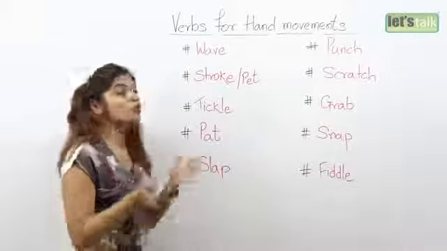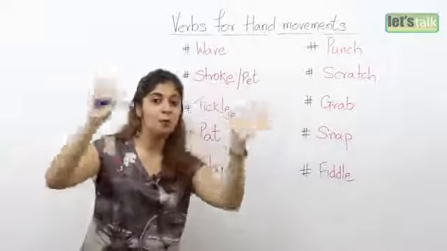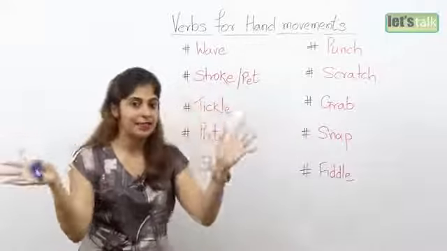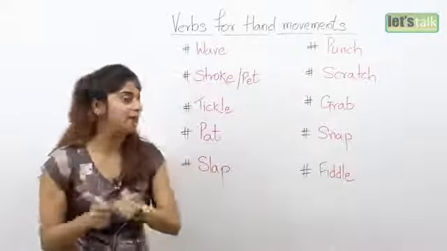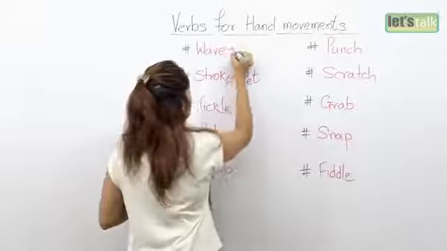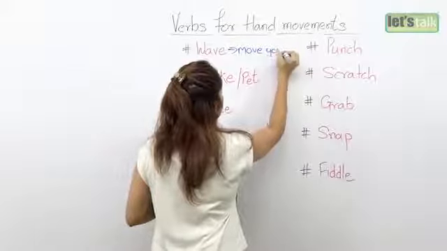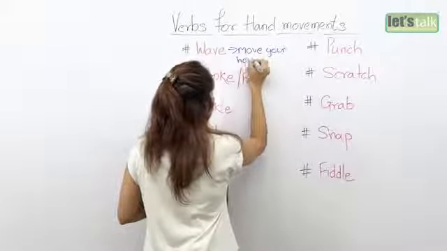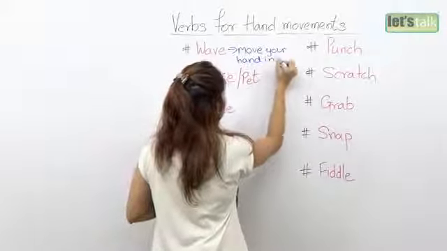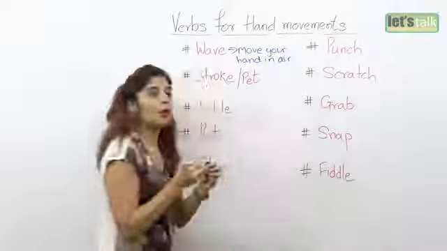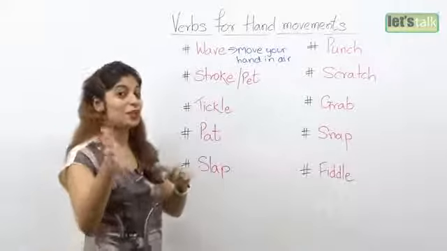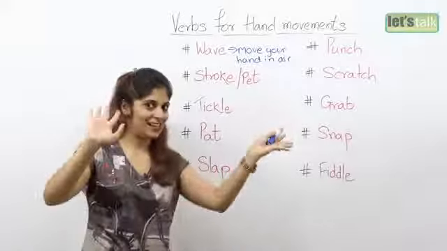So when you do this with your open hand, moving your hands or your hand in the air, that's waving. Okay, so that's the verb that you can use when you do this.